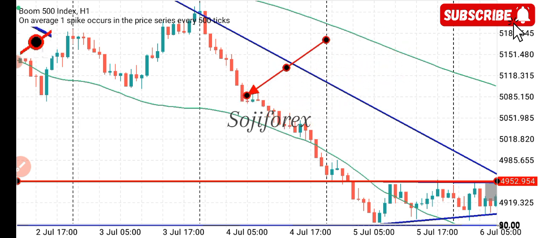That is why we always have wicks on the candlestick, which show a rejection of price. So in every candle you are seeing, there is a buying order and there is a selling order. Every candlestick is determined by three outcomes. First outcome is buyers win, second outcome is sellers win, while the third outcome, nobody wins.